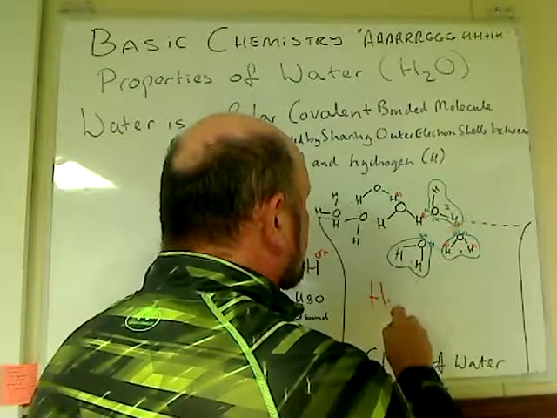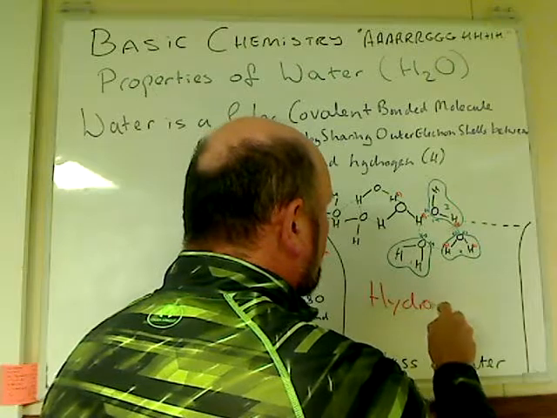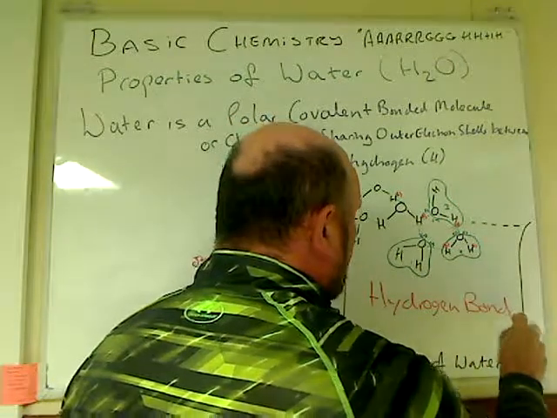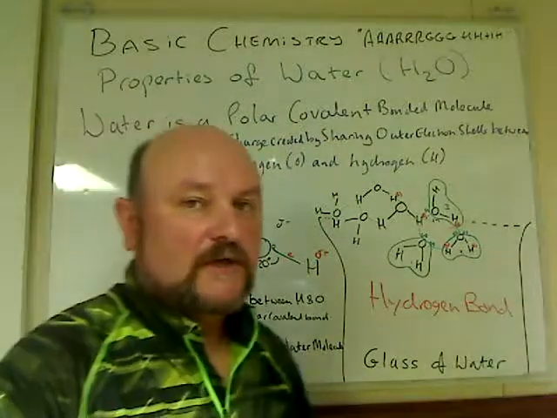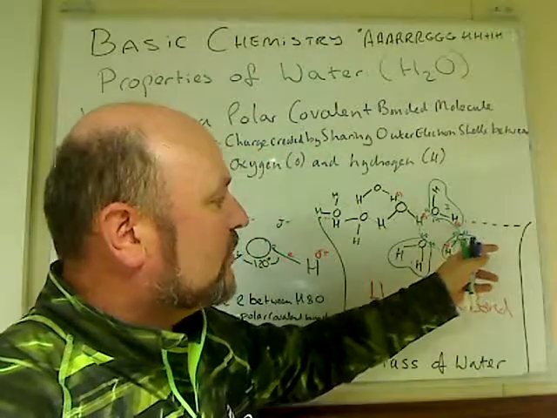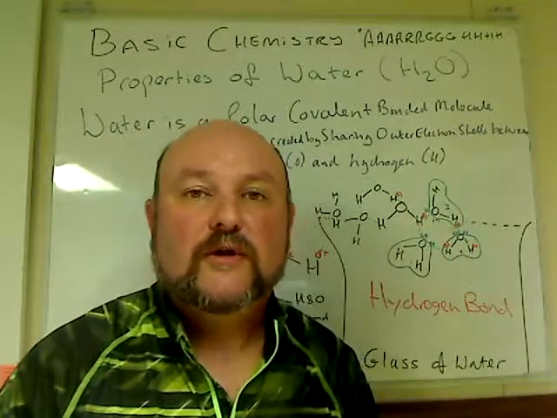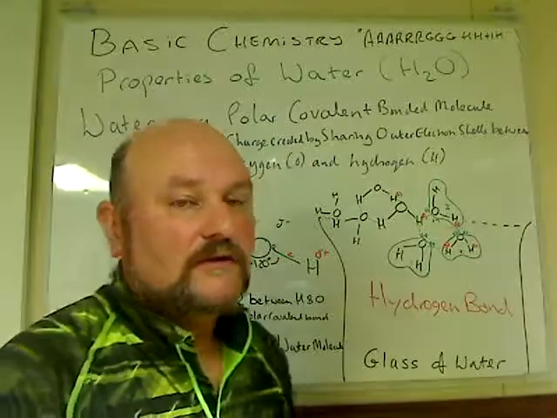And the bond type is called a hydrogen bond, because it's between the partially positive hydrogens and, in this case, the negative of the oxygen, but the hydrogens will interact with other things and do the same thing.